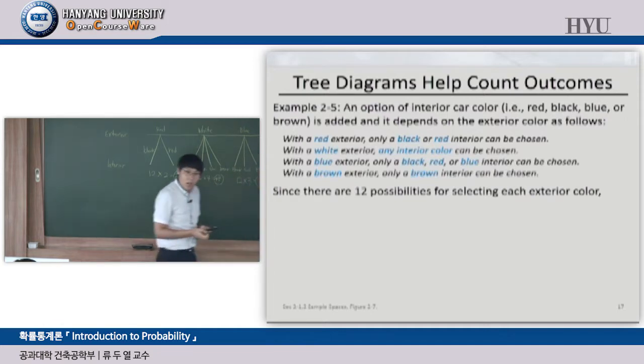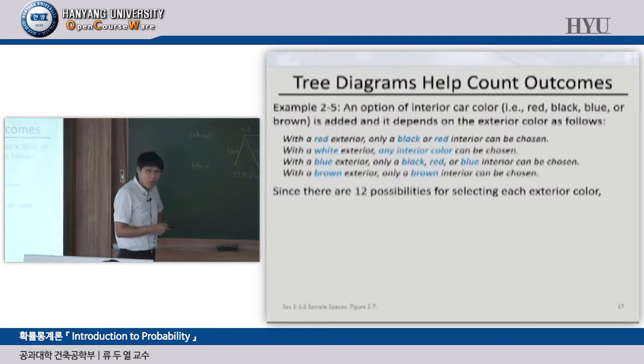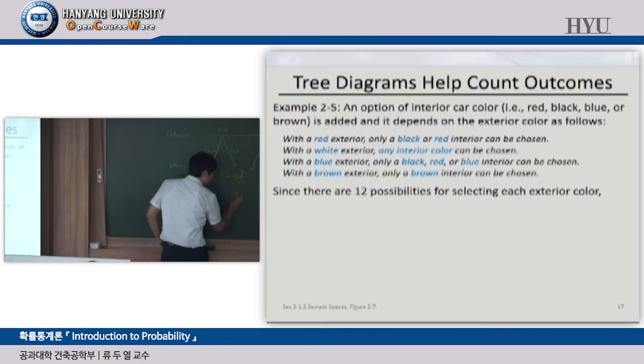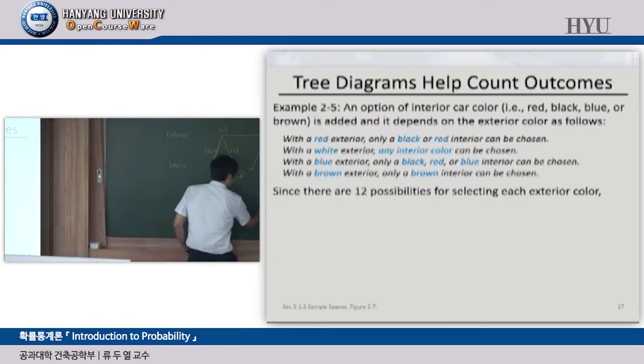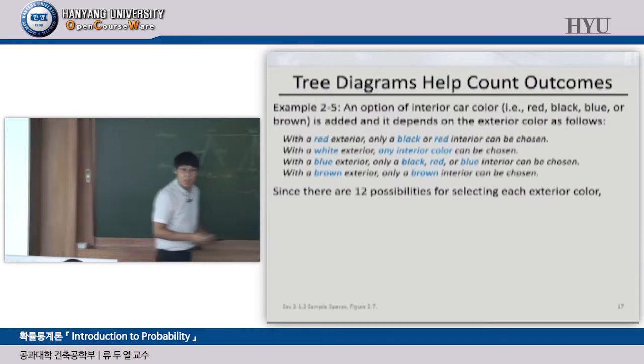So the total number of outcomes for this case will be the summation of 24, 48, 36, 12. So that will be 120, okay?